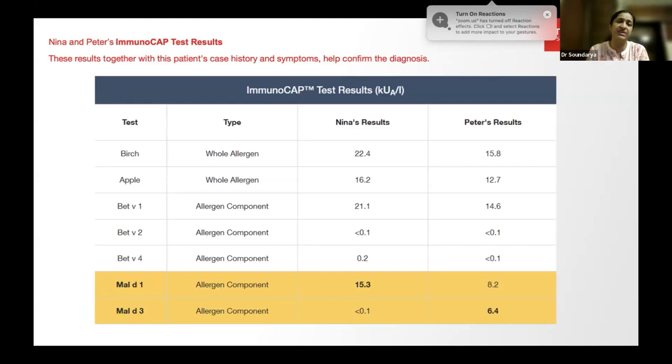When both siblings are positive, and we know that birch has very high cross-reactivity with apple, that is when a detailed ImmunoCAP is useful to identify different profiles to explain to the patients how to go further.